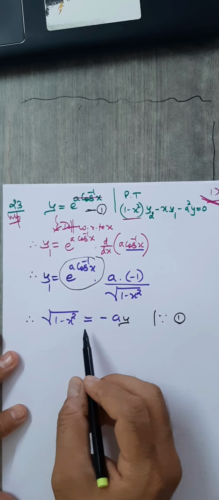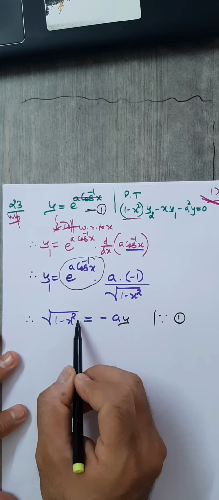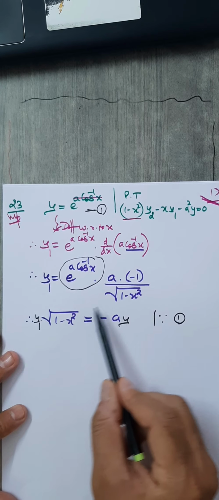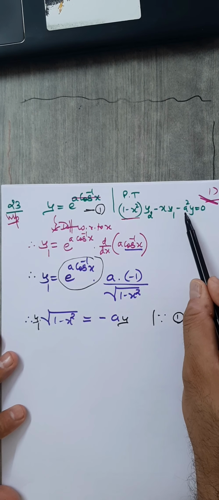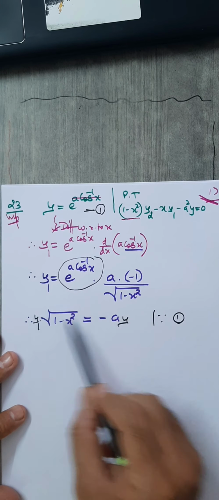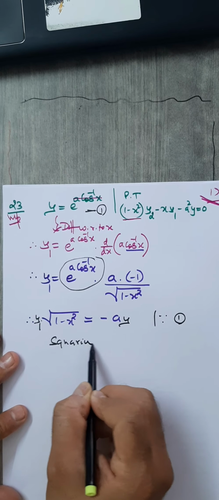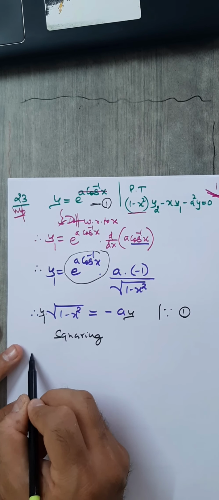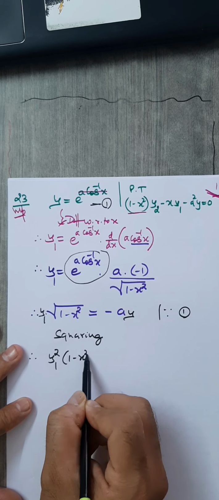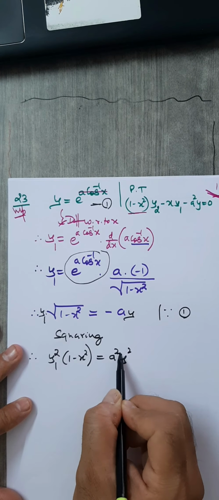Now here into y1 is there. Now if you look at the required expression, somewhere we want a square and we want without square root. So I'll square this before I differentiate it twice. Squaring. So what I'll get? y1 squared into 1 minus x squared equals to a squared y squared.